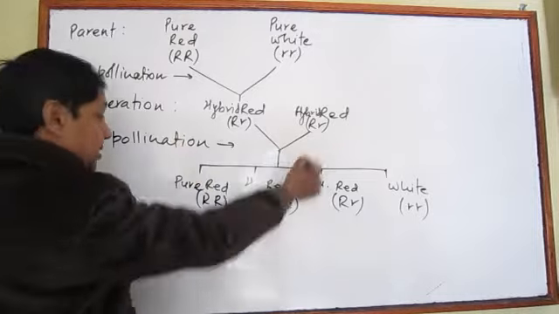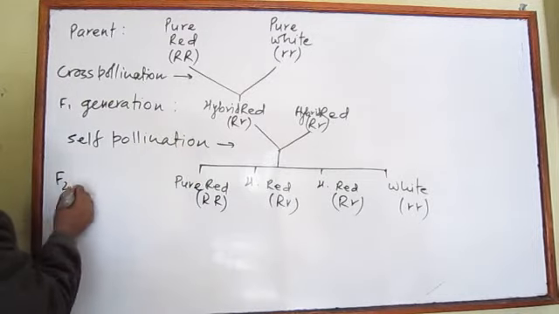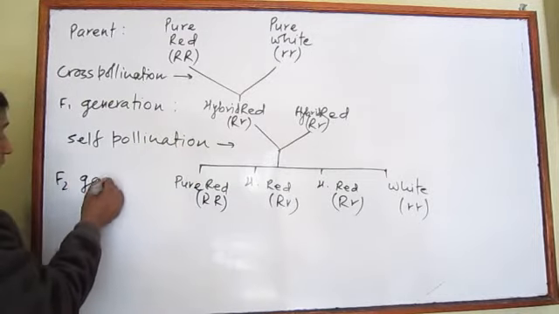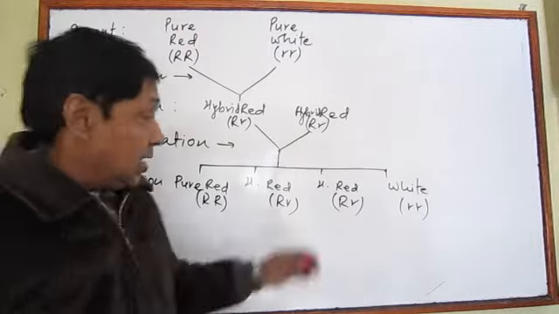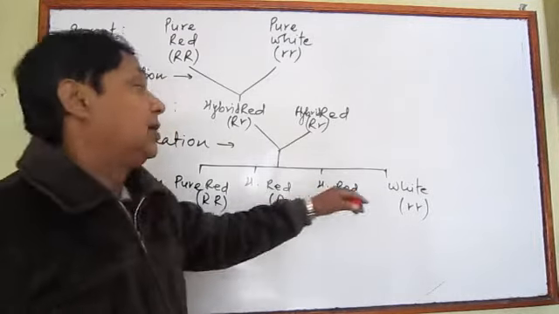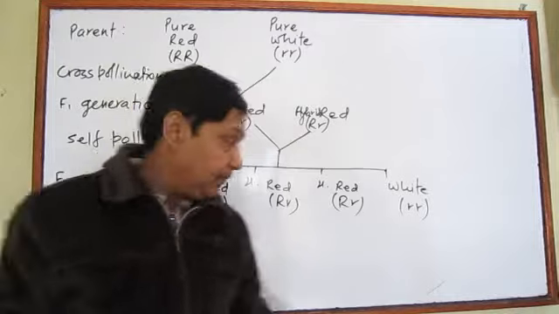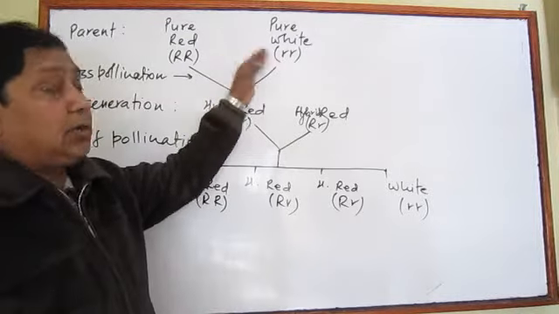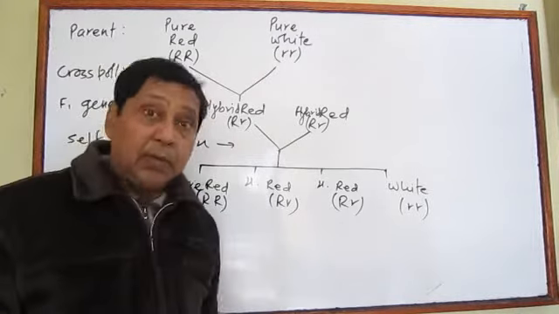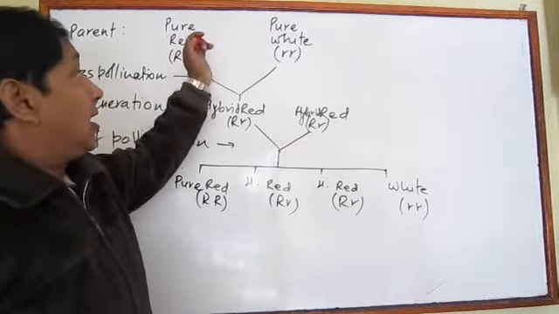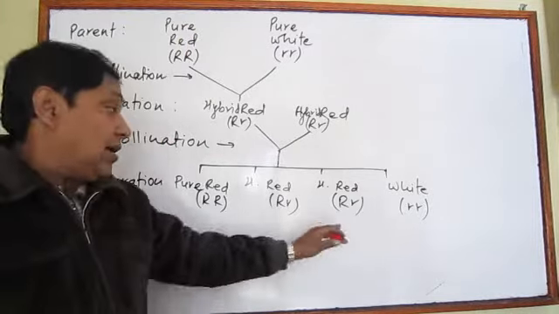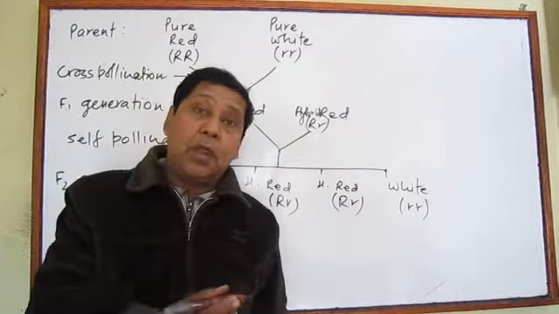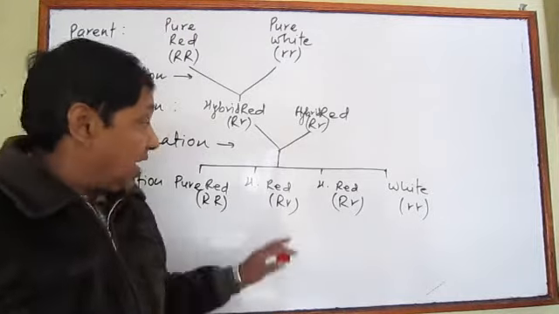When self-pollination is done, this is the second generation, F2 generation. If we do the same with tall and dwarf pea plants, then both tall and dwarf pea plants appear. But we are doing cross-pollination with red and white, so in the second generation, both red flower and white flower pea plants appear.